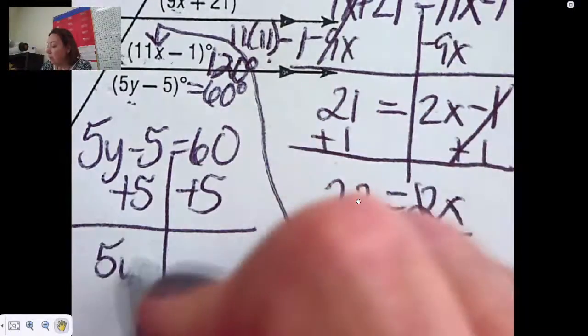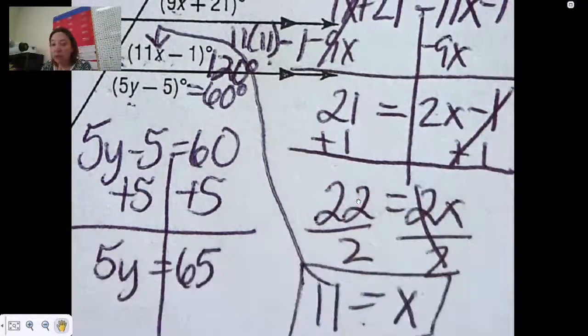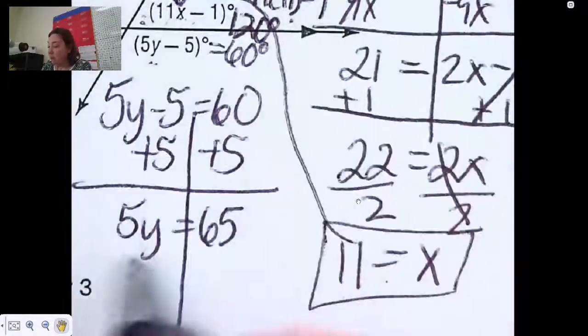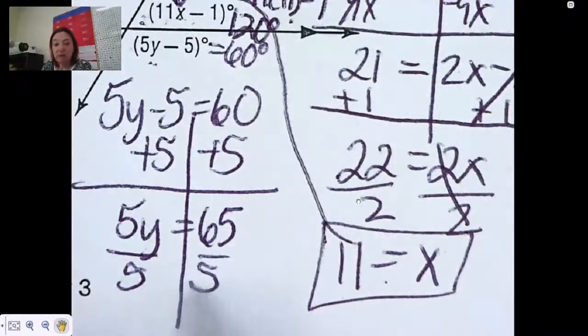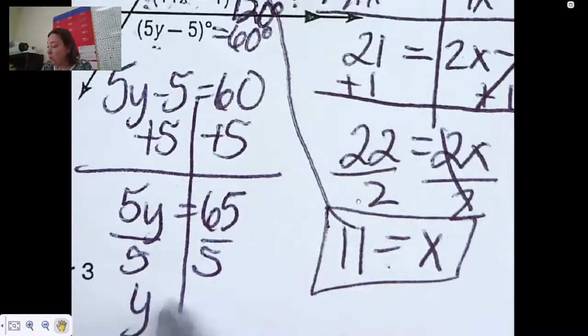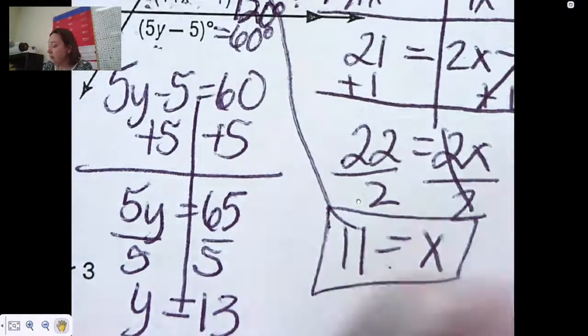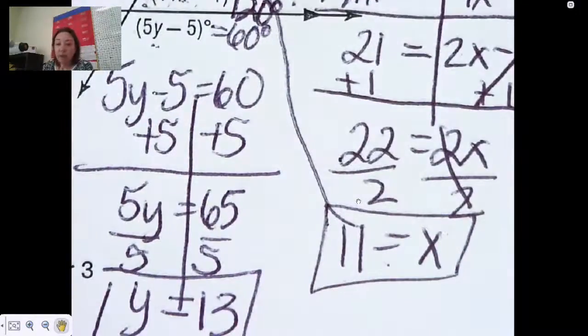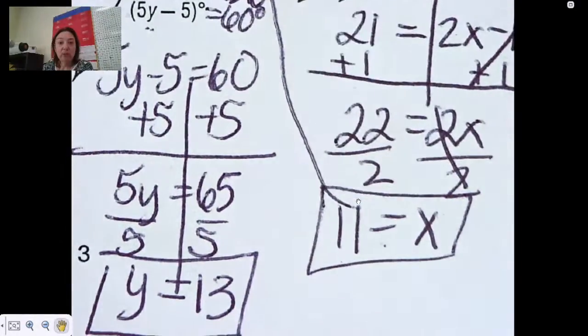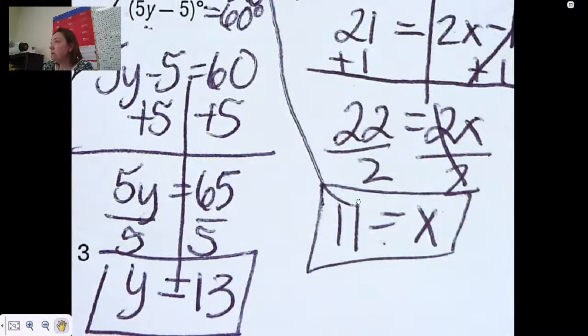That gives me 5y equals 65, right? Then we're going to divide both sides by 5. So y equals 13, I think. Okay, so those are our answers. 13 and 11. Everybody good?